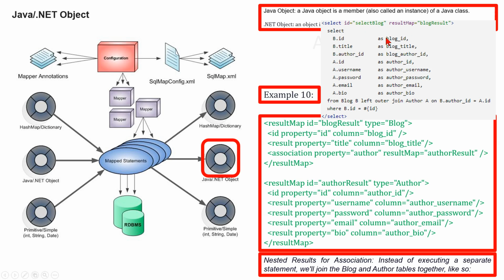Here, notice the join as well as the care taken to ensure that all results are aliased with a unique and clear name. This makes mapping far easier. Now we can map the results.